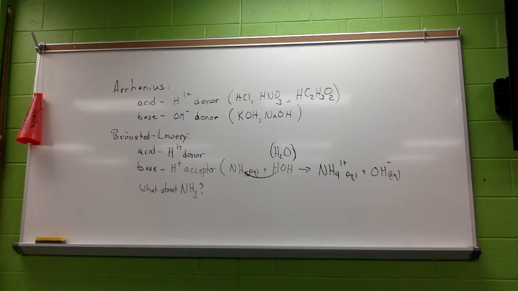Another way of saying a Bronsted-Lowry base is a hydrogen ion acceptor is saying that it is a hydroxide ion producer. Notice it's different than donating. It's producing hydroxide through hydrolysis. Hydroxide ion producer through the process of hydrolysis.